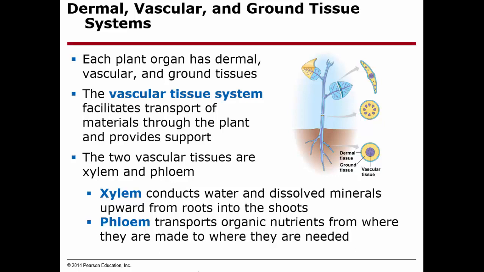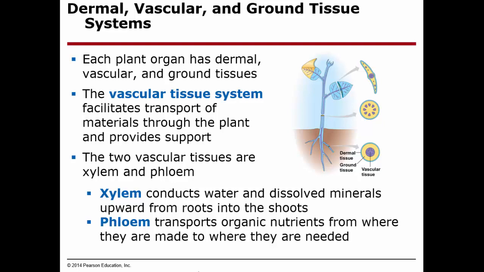The different types of tissues found in a vascular plant can be organized into different tissue systems, each with a group of related functions.